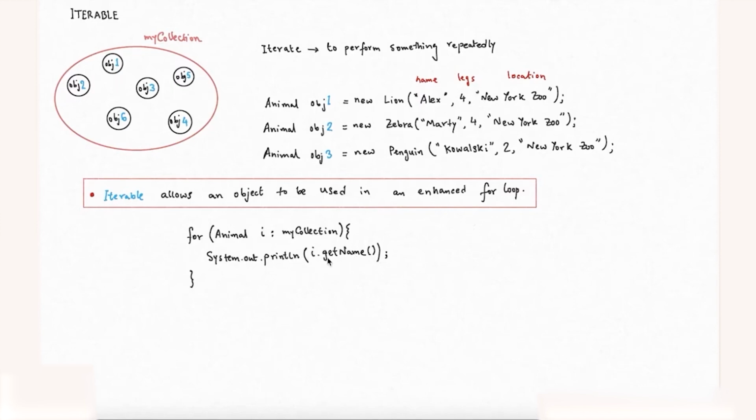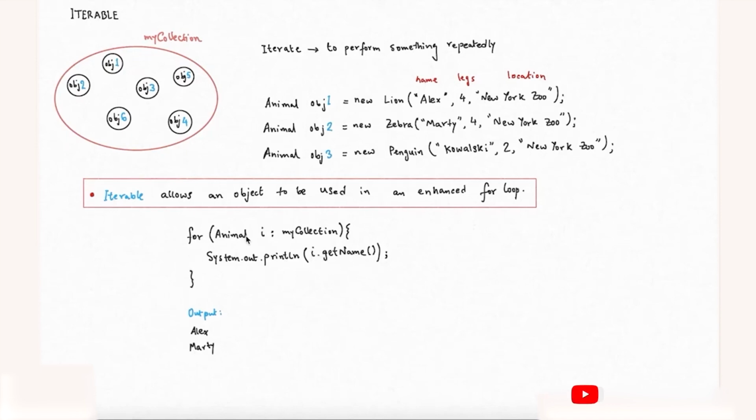And so it prints out the name of object 1, which is Alex. Then it goes back here and takes the next object in my collection. The next object is, of course, of animal type, and now the value of i is object 2. It comes here and prints object2.getName. And so the next output is Marty.